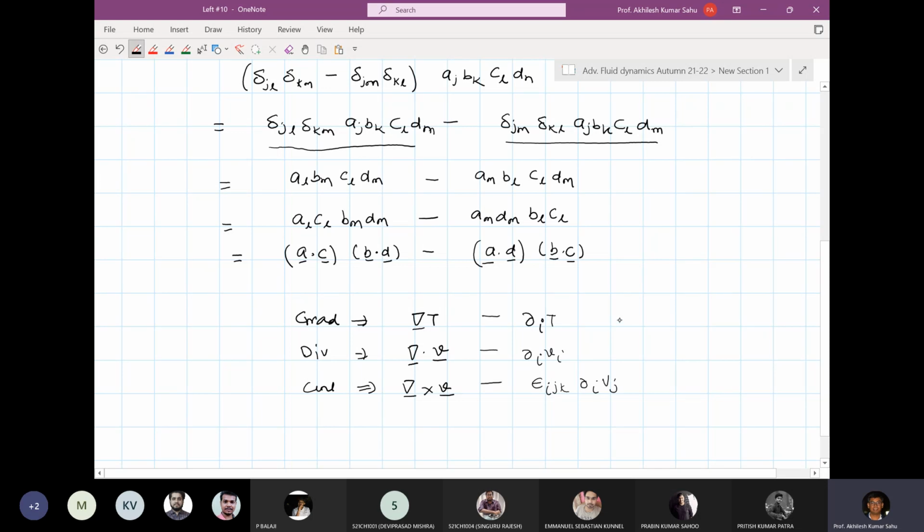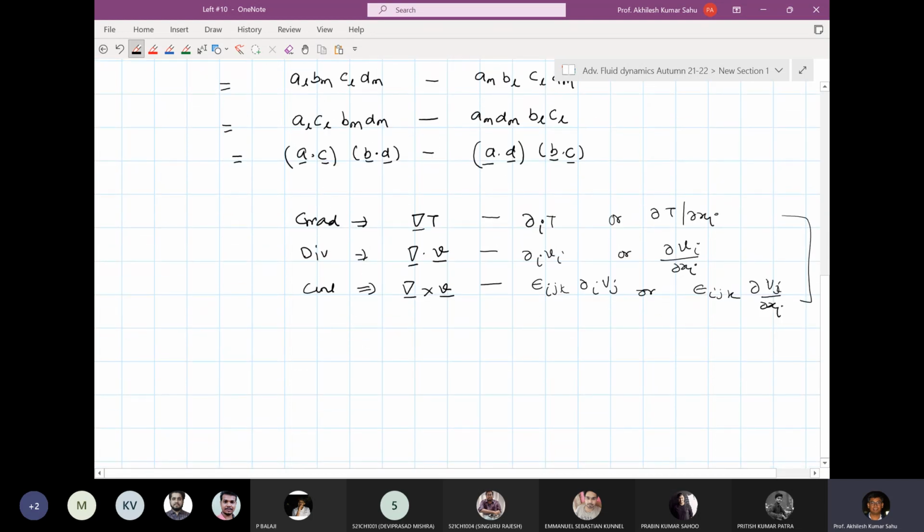Or I can also write partial t by partial xi, or partial vi by partial xi, and epsilon ijk partial vk by partial xj. Okay, so these are the index notations for divergence, curl, and gradient, and we have seen double derivatives also. Today we will do some exercise, right?